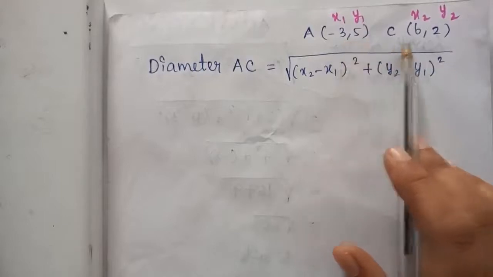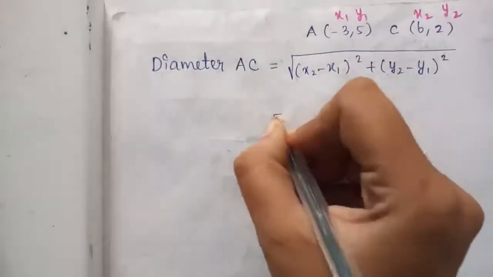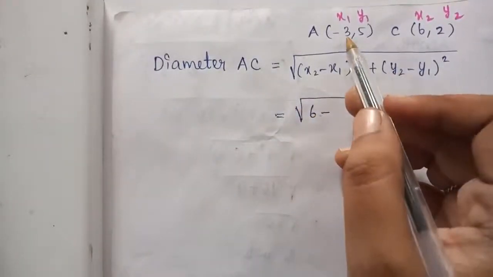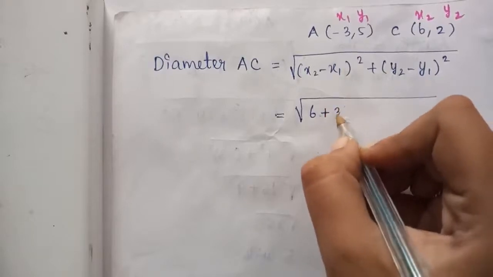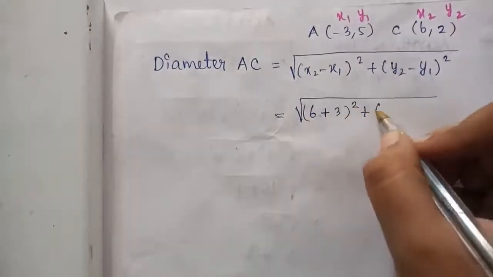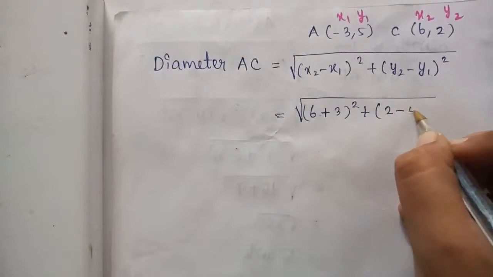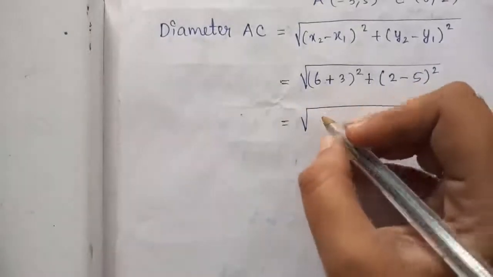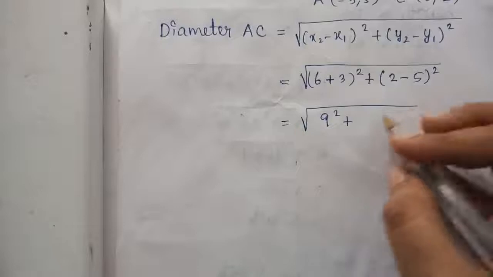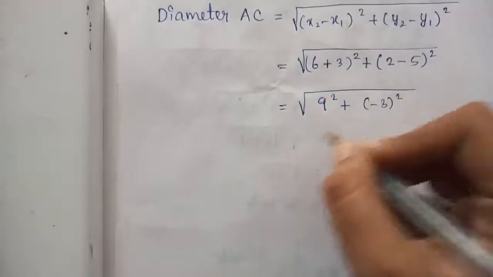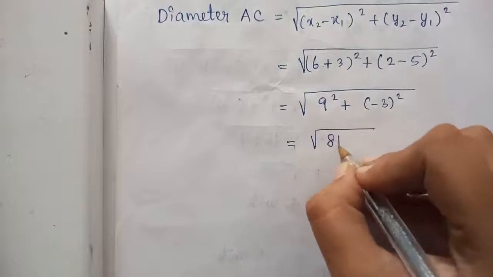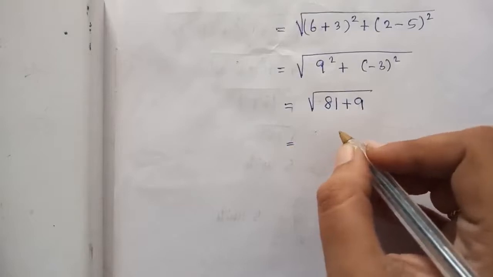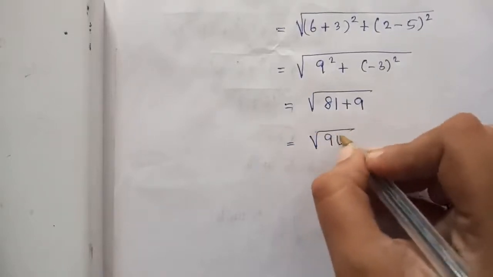That is equal to root of (6 minus (-3)) squared plus (2 minus 5) squared, which is root of 9 squared plus (-3) squared, which is root of 81 plus 9, that is root 90.